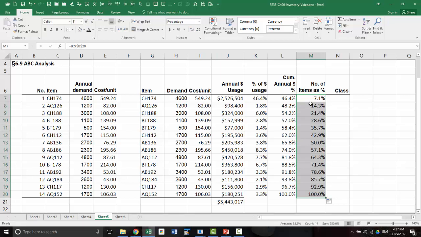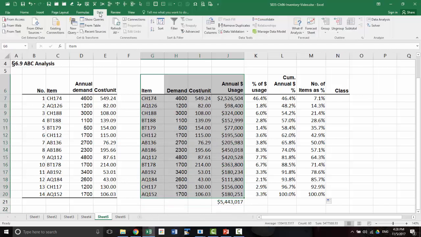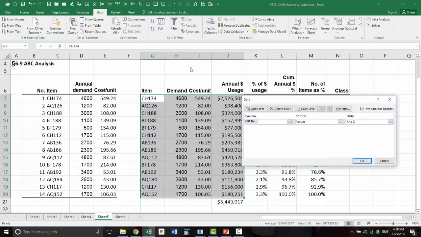Now for us to compare the rule, we need to sort this list by the largest annual dollar usage to the smallest at the bottom. We want to do it only for that part. Data, sort.